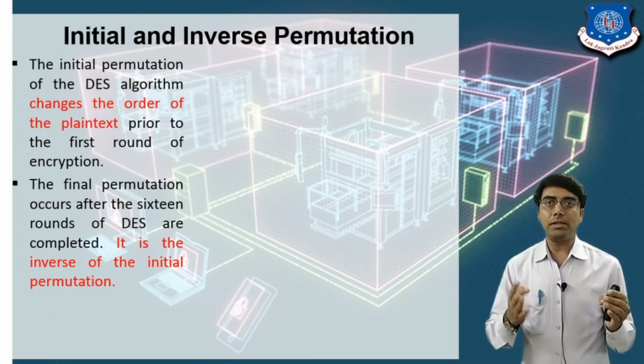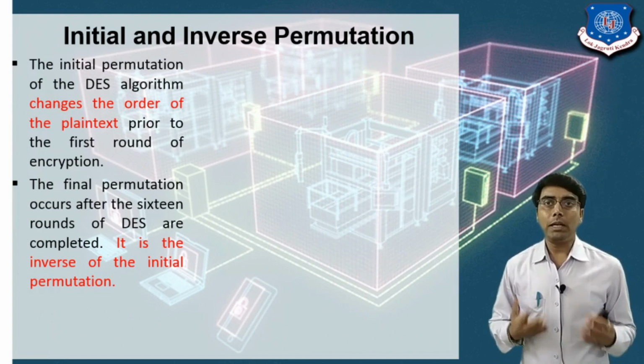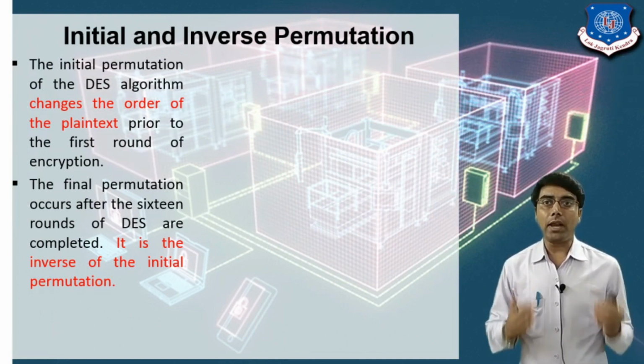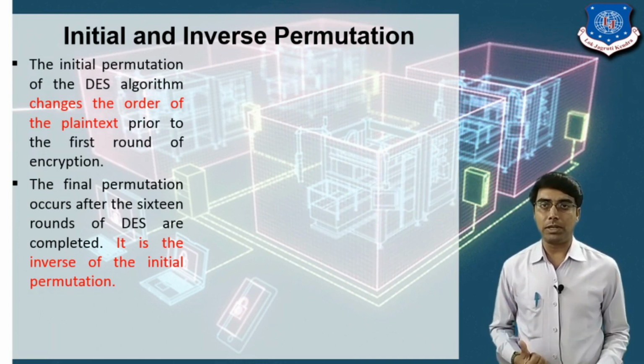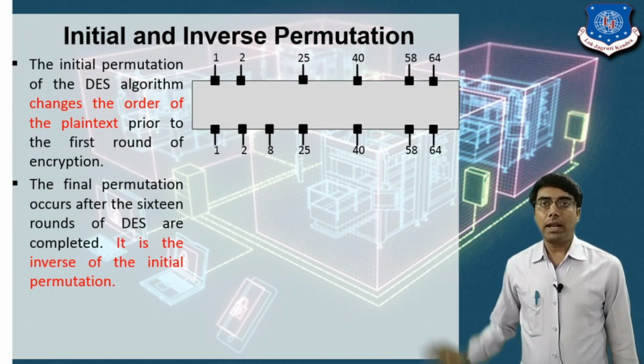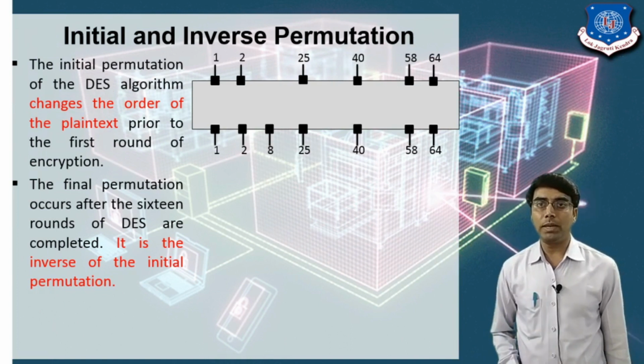The final permutation occurs after the 16th round of DES is completed, and it is the inverse of the initial permutation. You can see in this figure there are a number of bits, 1, 2, 3, up to 64 bits.